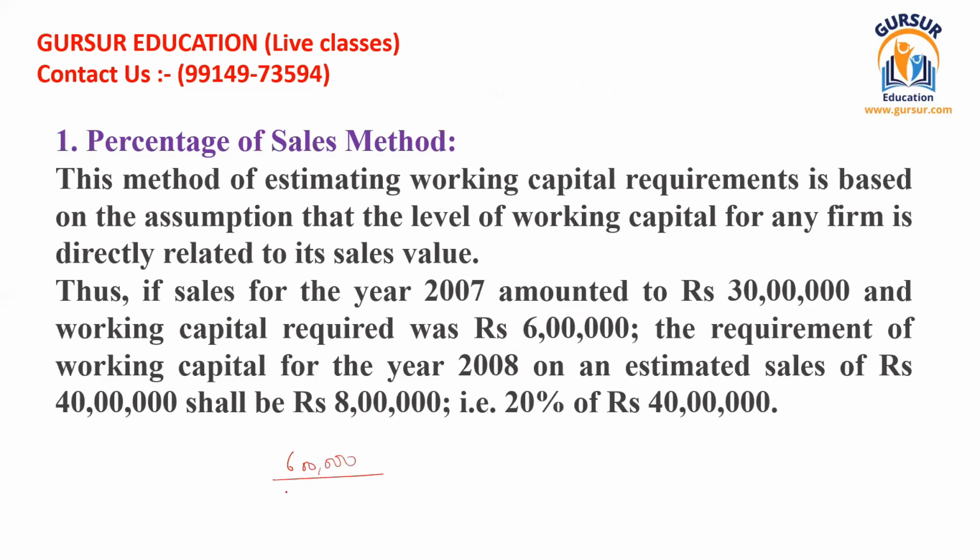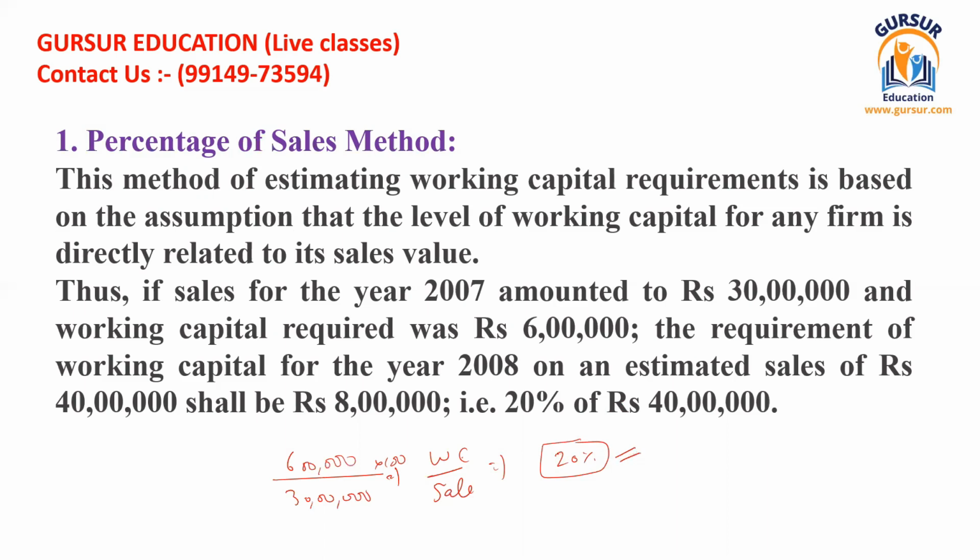This is working capital divided by sales, and that comes out to be 20%. That means the past experience of your company shows that you need 20% working capital for the smooth running of your business.